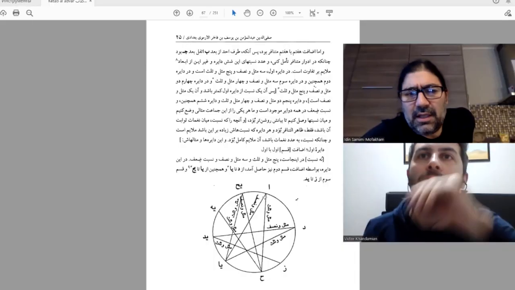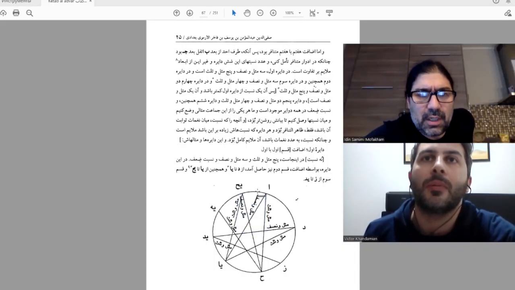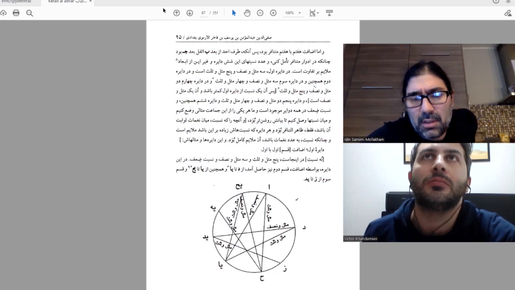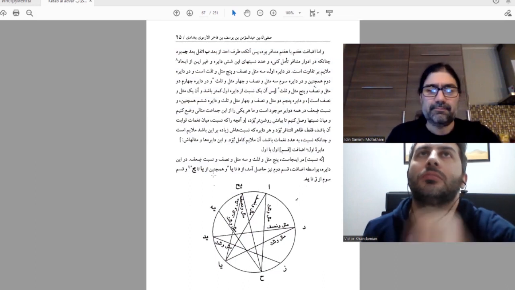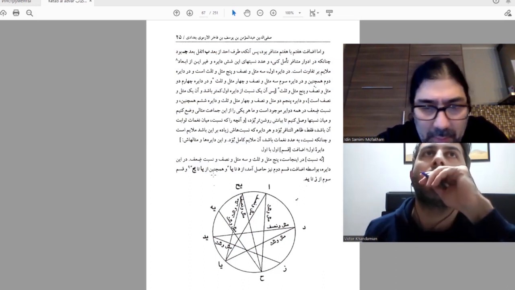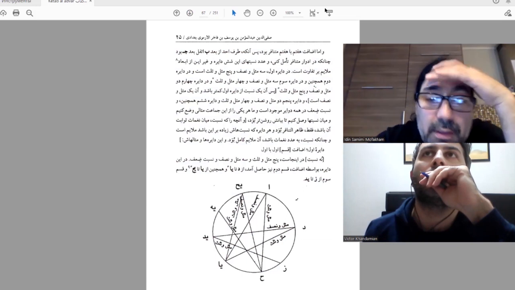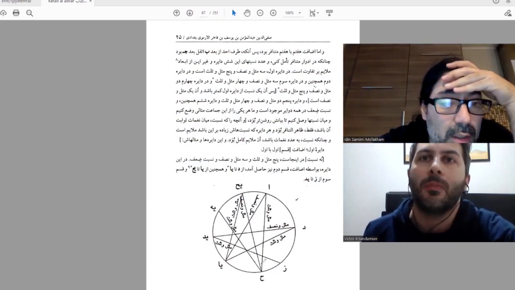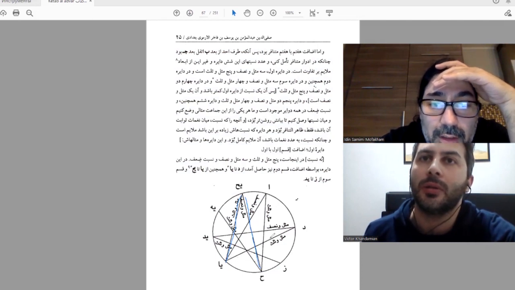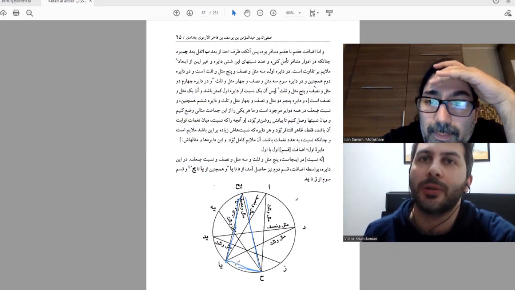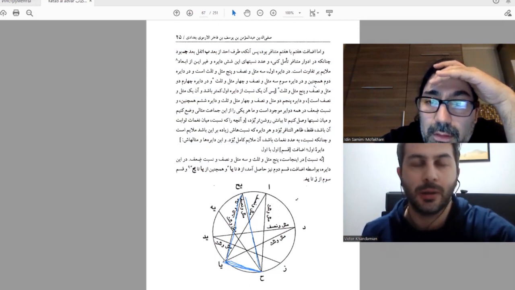I don't think that it should be considered as a pentagram. It should be considered as a full circle with lines. Let me find the book on my computer. You should think about it as triangles, but it's not a full triangle.